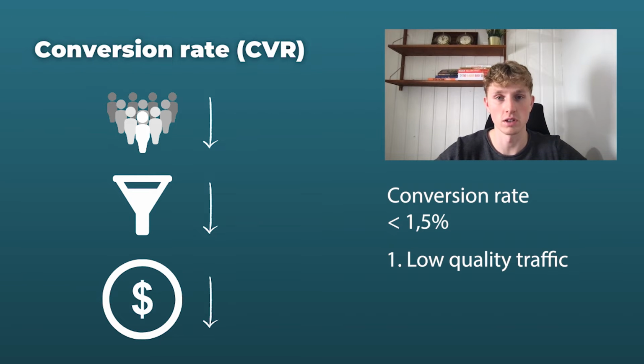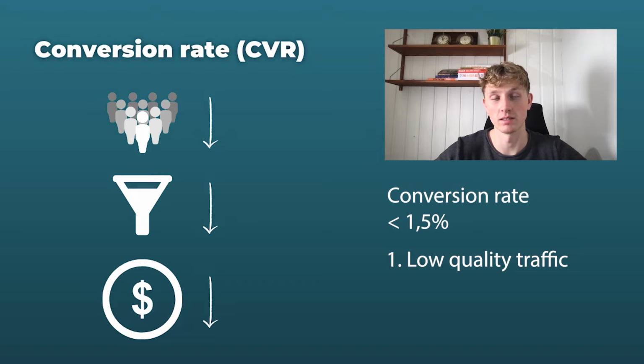Another reason could be you just spend money on the wrong advertising platform, or you target the wrong segment. So let's say you sell a product for adults, and people younger than, let's say, 18 would never buy it, but you still advertise this product towards people below 18.